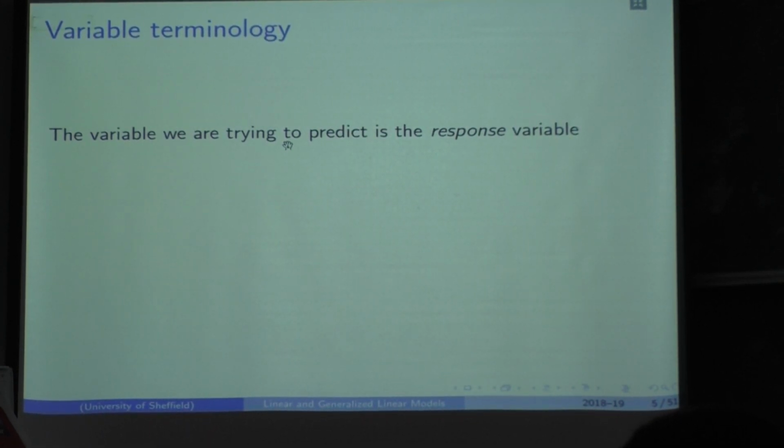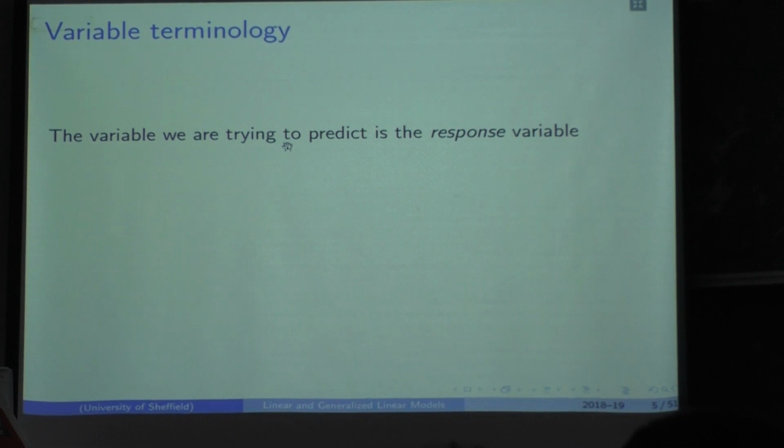Okay, so what are we trying to predict? We're trying to predict this volume of air expelled. So that number is what we call the response variable. So vol, the first number in the table, that is what we call the response. Sometimes also called the dependent variable.